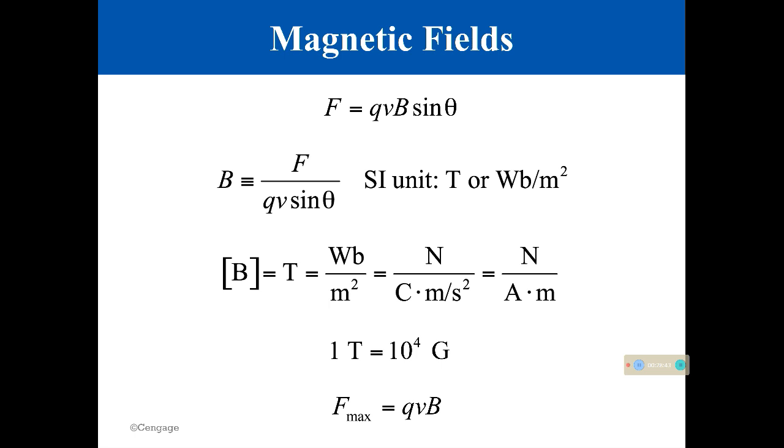If you look at this entire thing, it doesn't matter where you put velocity and magnetism on this plane, the force is either going to be directly out of the page or directly into the page. Does that make sense?